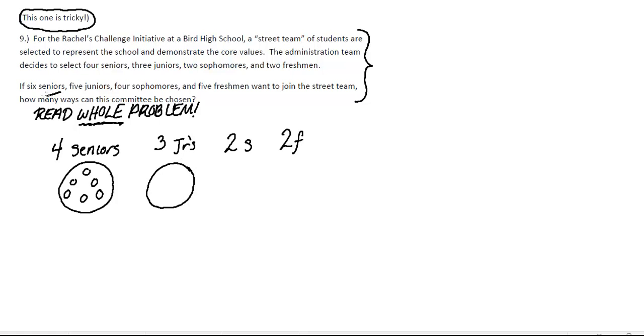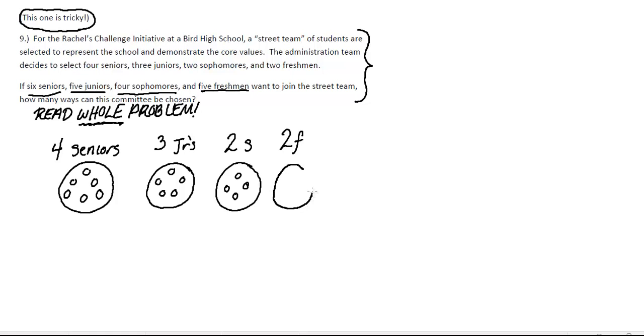Here's the 5 juniors. 4 sophomores, and 5 freshmen, which are going to apply here. So we've got a lot of folks that are applying.